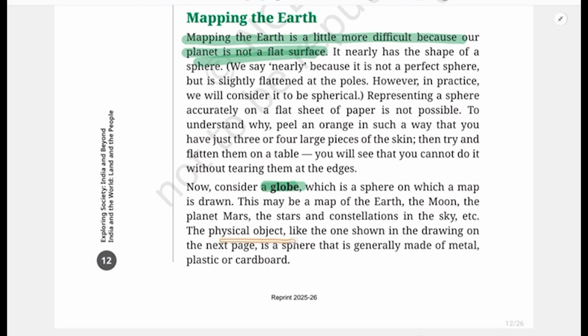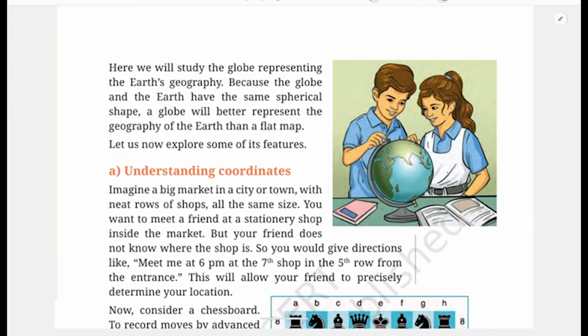The physical object, like the one shown in the drawing on the next page, is a sphere made of metal, plastic, or cardboard. Here we'll study the globe representing the Earth's geography, because the globe and the Earth have the same spherical shape, and the globe will better represent the geography of the Earth than a flat map.